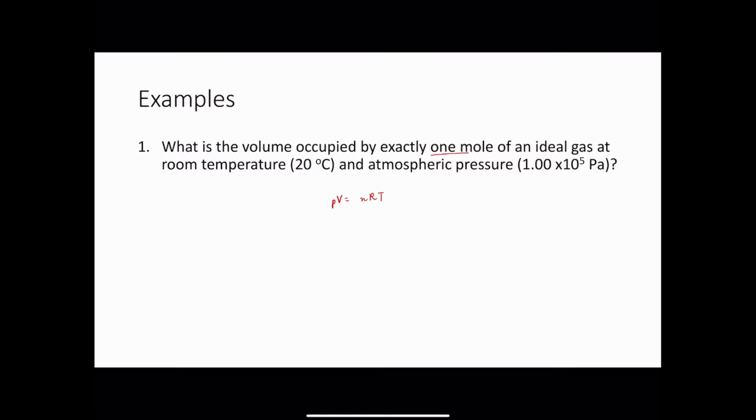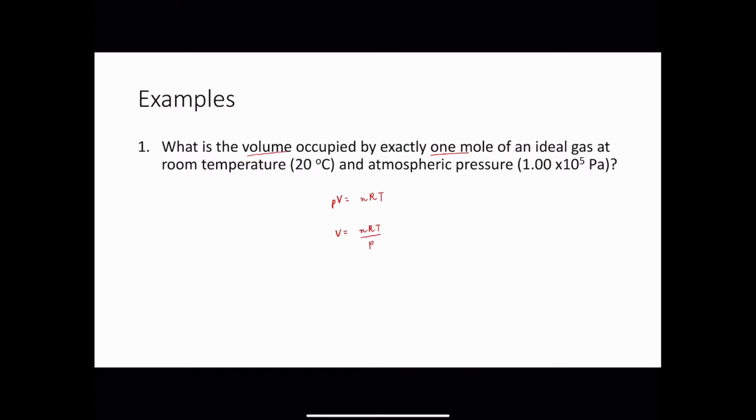And I'm going to straight up rearrange that equation to have volume as the subject of my formula, because I know that that's what they're asking me to find. So V is equal to nRT all over pressure.